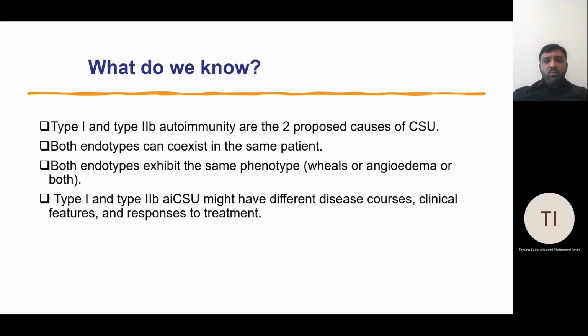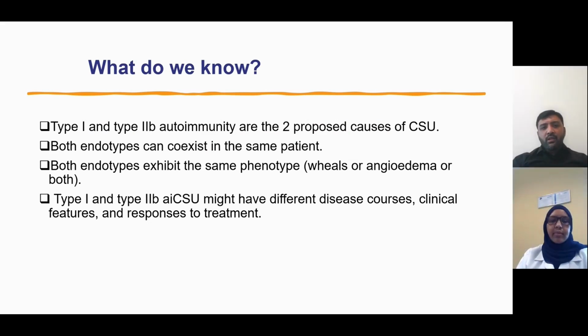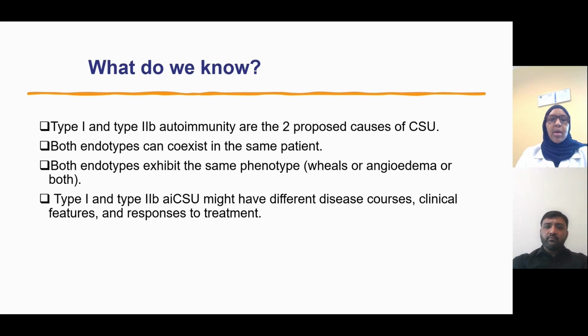So Tayseer, can you summarize what we know till now about the use of biomarkers in chronic spontaneous urticaria, and what are the unmet needs or future for biomarkers in chronic spontaneous urticaria? Till now, the proposed causes of CSU are type 1 and type 2B autoimmunity.